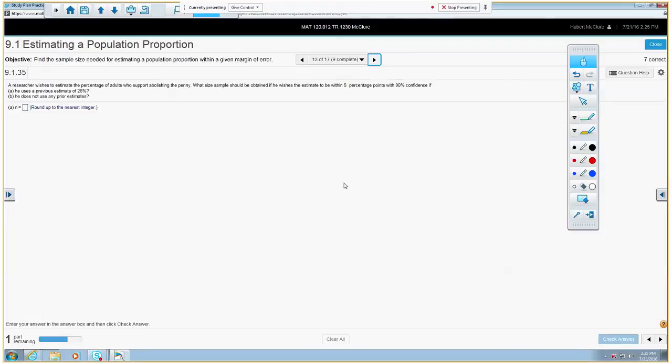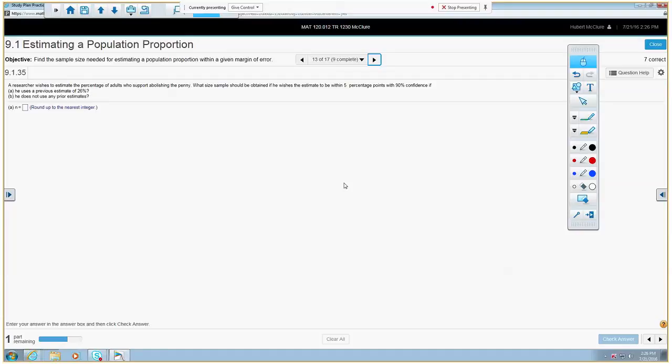Sample size is N equals P hat times 1 minus P hat, that's P hat Q hat. Okay, so times Z alpha over 2 over E, raised to the second power. Yeah, that's it.